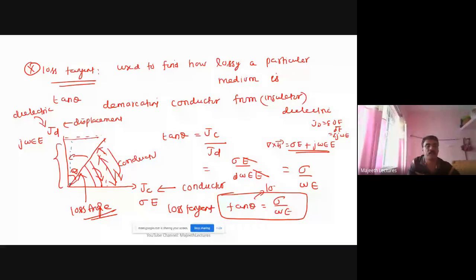If theta is closer to the dielectric side, the material acts as a dielectric. If theta comes here, that means theta is becoming large, and it goes towards conductor. If theta is large, the material acts as a conductor. So if the loss angle is small, it is a dielectric material. That means theta small means tan theta must be small.